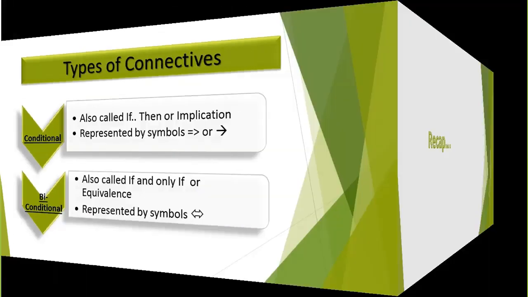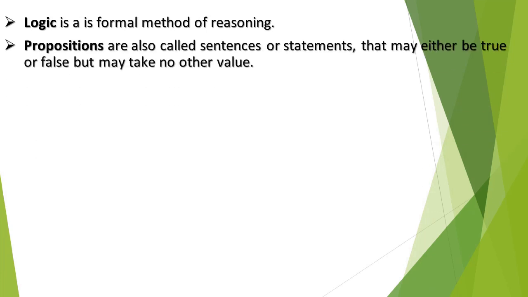Let's recap the whole thing that we have learned today. We have learned what is logic. Logic is a formal method of reasoning. We have learned propositions. Propositions are sentences or statements that may either be true or false, but may take no other value.